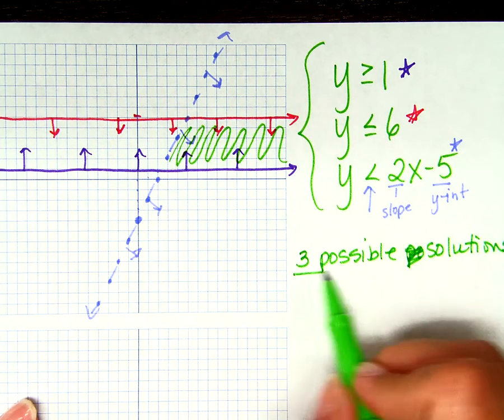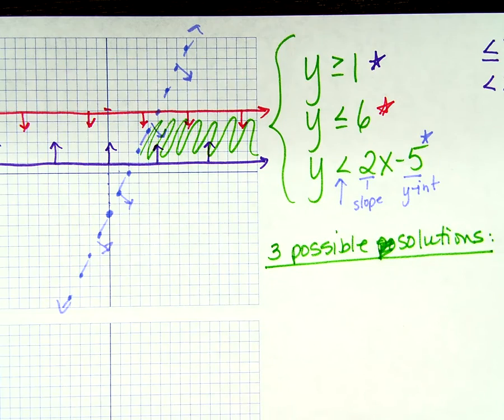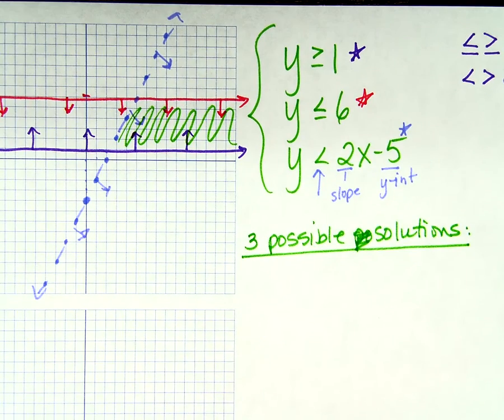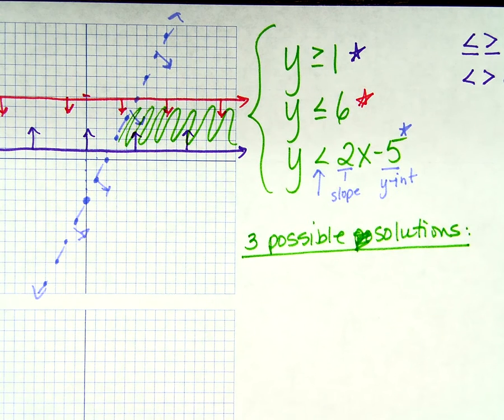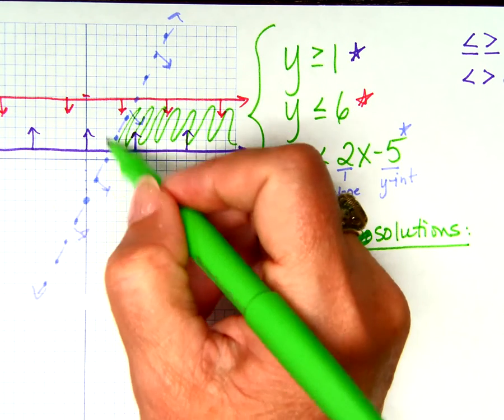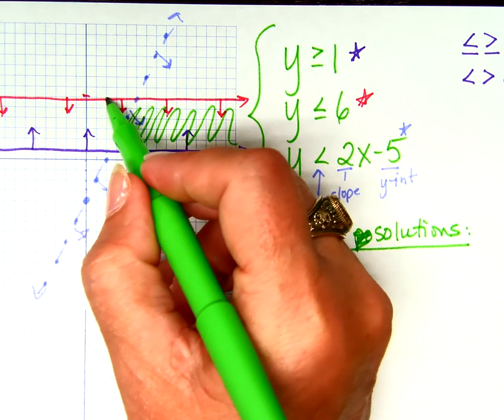I need 3 possible solutions. How many solutions are there? An infinite amount, right? I need 3 possible solutions. Would somebody give me one possible solution? 2, 6 is right here. Is that a possible solution?